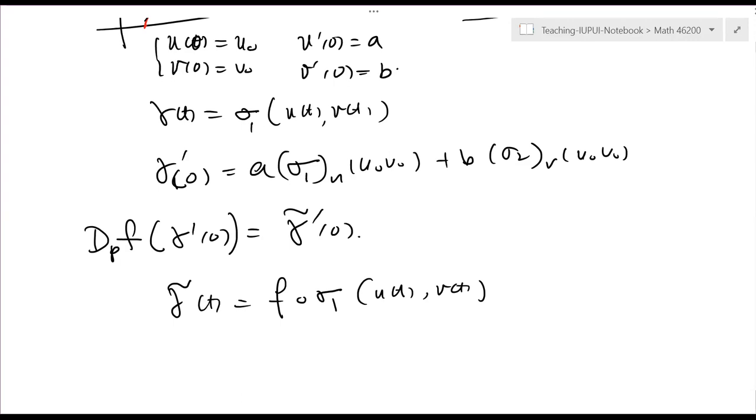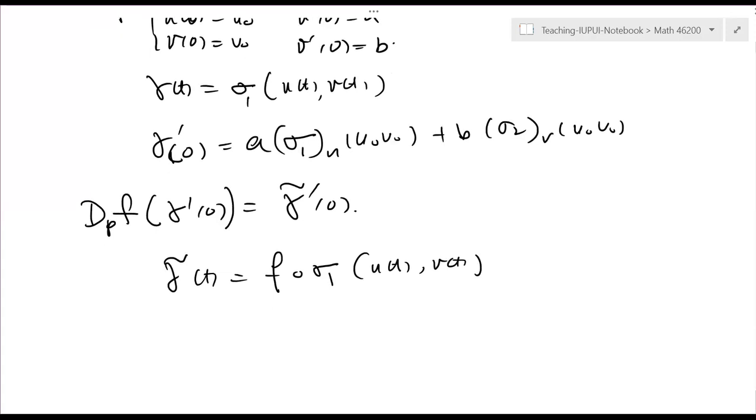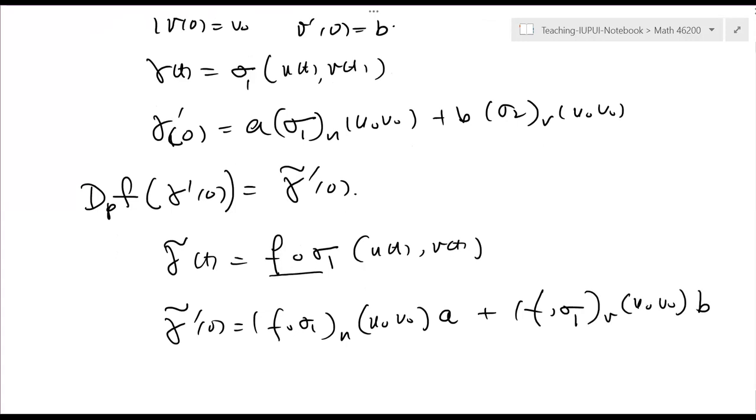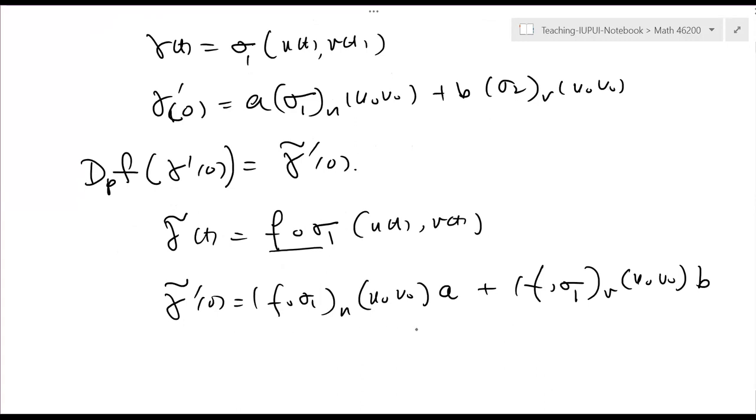All right, so this is a map into the surface, okay? Now let's differentiate. And when you differentiate, this is differentiable, okay, then you get A sigma_u plus B sigma_v. So this is a linear combination of these two.